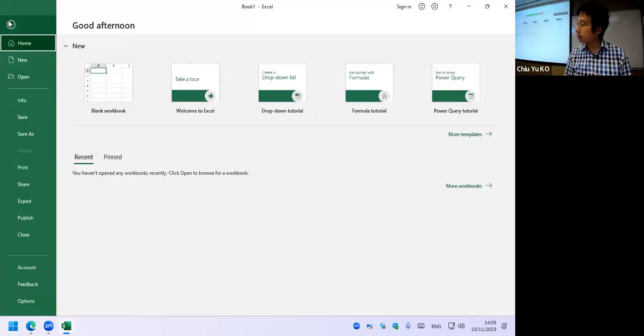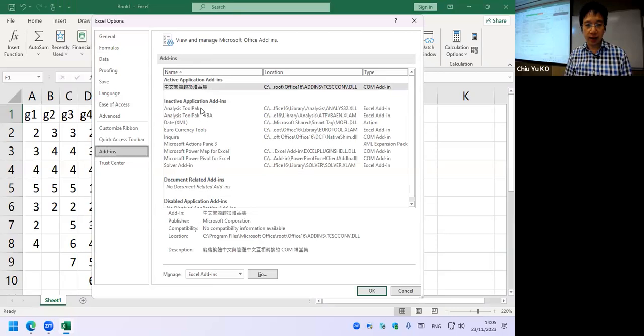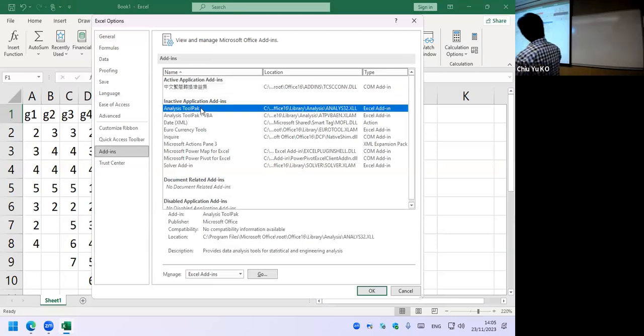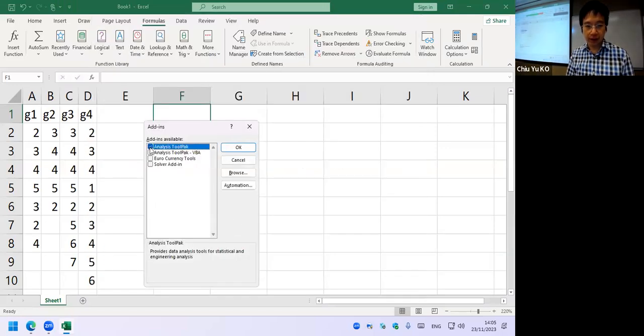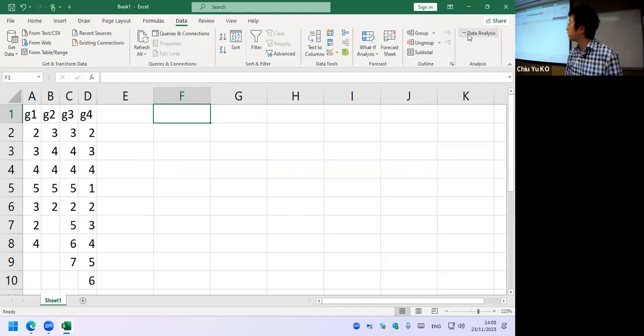You go to File, Options, Add-ins, and select Analysis ToolPak. Then you have to open it. After that, under Data, we have Data Analysis. You should probably have that on the Mac as well, but the iPad probably not. I'm not sure whether the iPad has it, but that would be important.